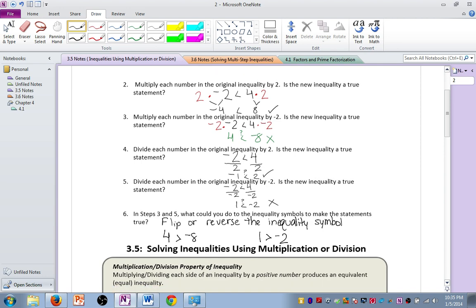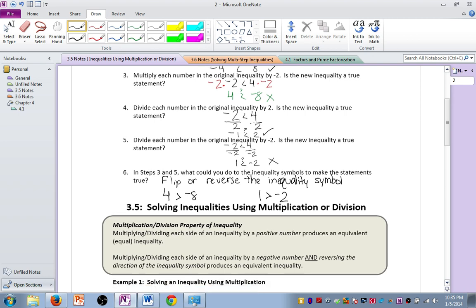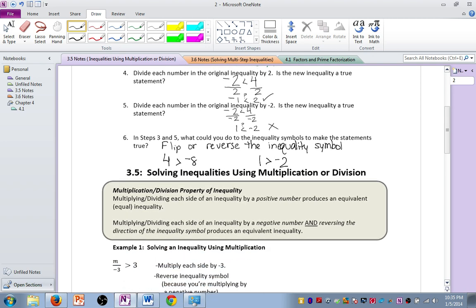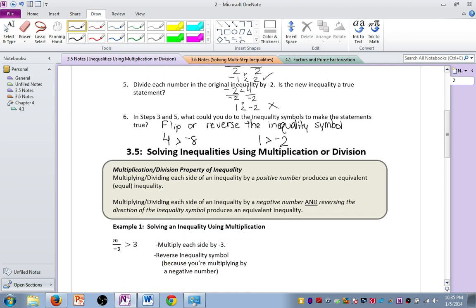So now let's move on to lesson 3.5. When we're solving inequalities using multiplication or division, the property states that if you're multiplying or dividing each side of an inequality by a positive number, that produces an equivalent or equal inequality.